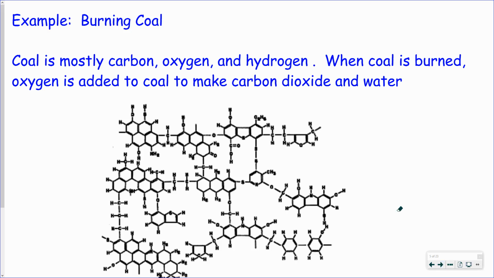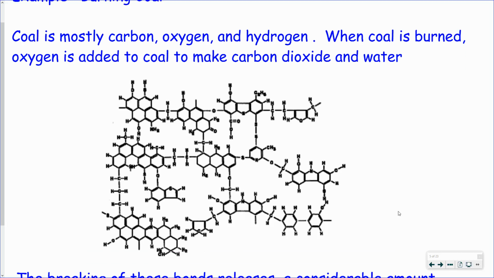So here's an example. Burning coal, hot topic, current event item in the news now. So coal is carbon, oxygen, hydrogen. This is a typical structure of coal. And these all have particular components to them.